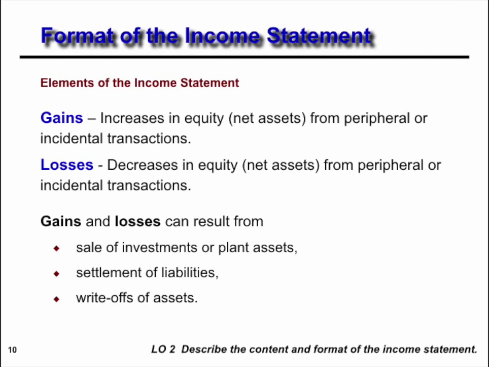That gain is not reported with the revenues, it's reported separately, and you will see this distinction in the multi-step income statement, where there are two sections, the operating section and the non-operating section. In the operating section you will see the revenues and expenses, and the non-operating section will separate the gains and losses from the non-operating activities.